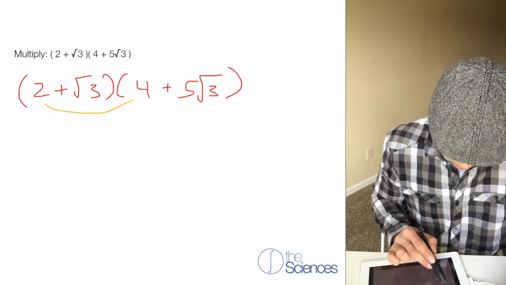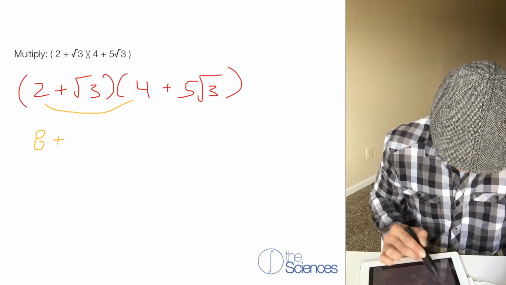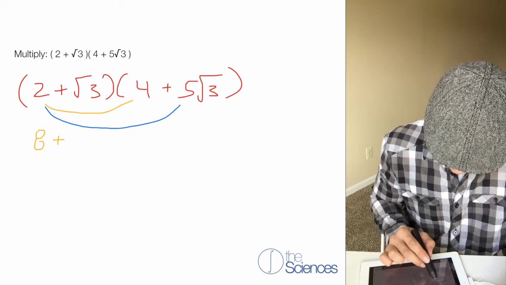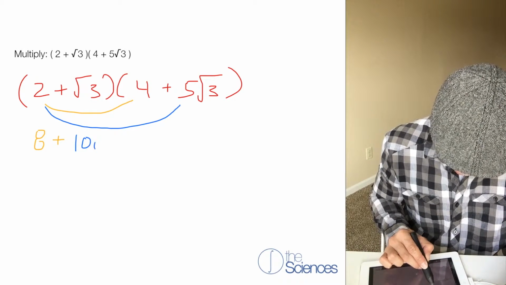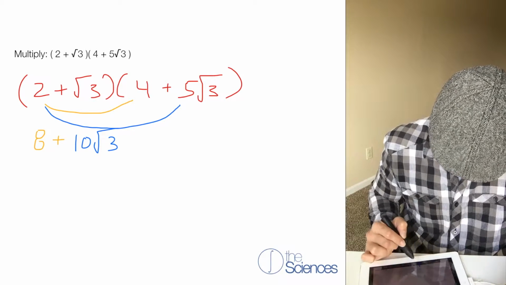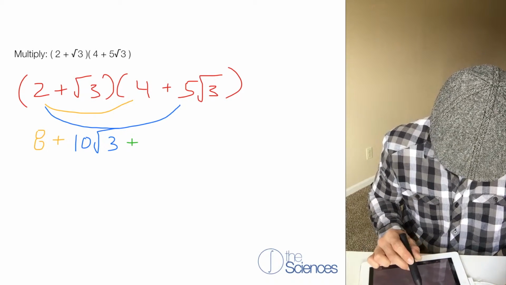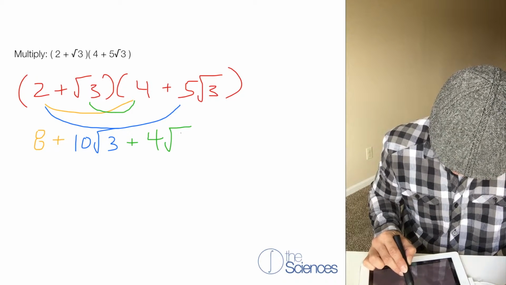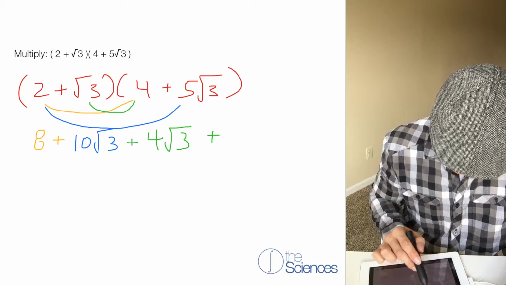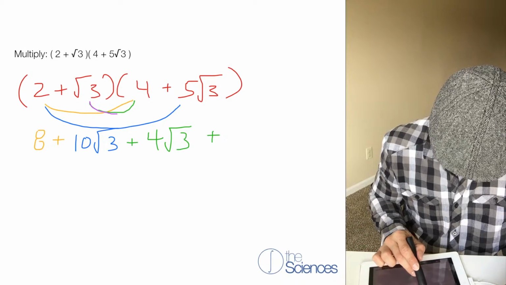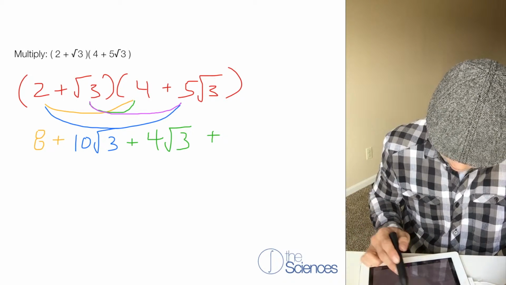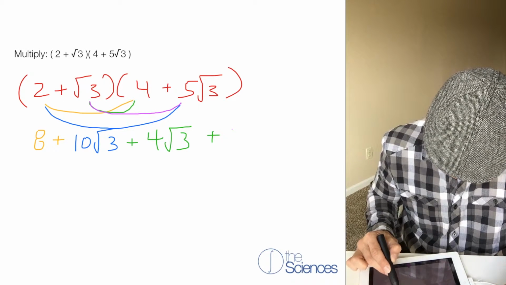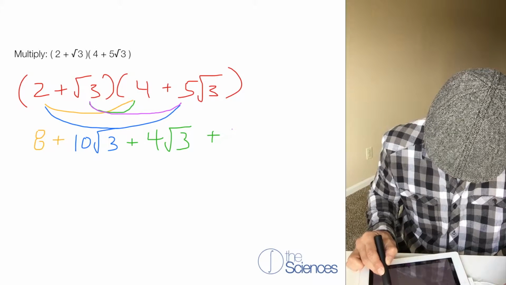So here we have 2 times 4 is 8 plus 2 times 5 times the square root of 3 is 10 square root of 3 plus 4 times the square root of 3 plus square root of 3 times 5 square root of 3 gives us 5 square root of 3 times square root of 3.